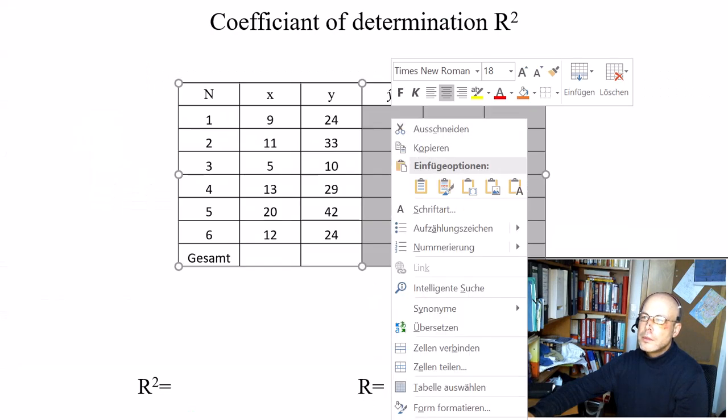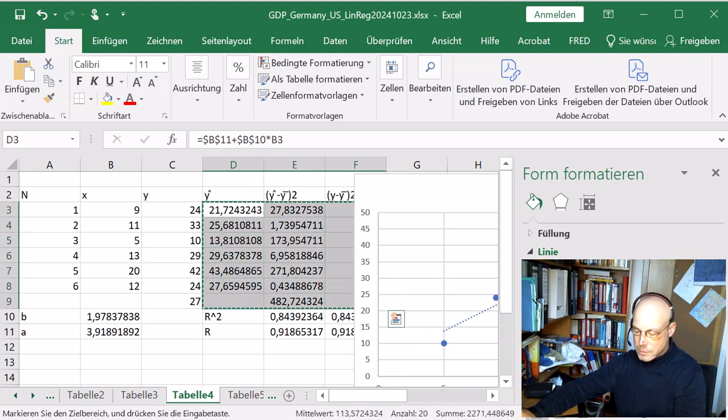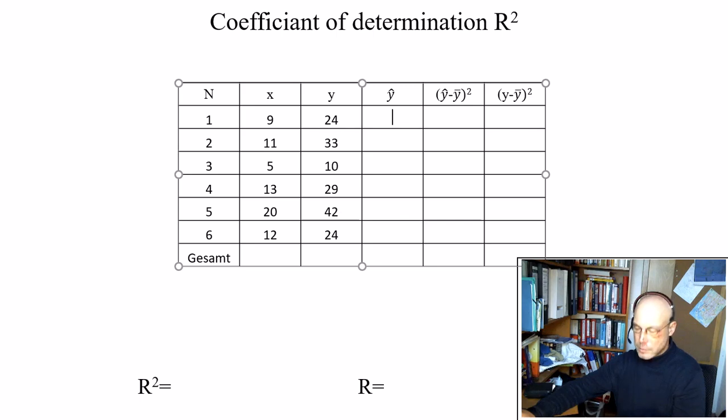Oh, this is not why this doesn't function. Is it working?